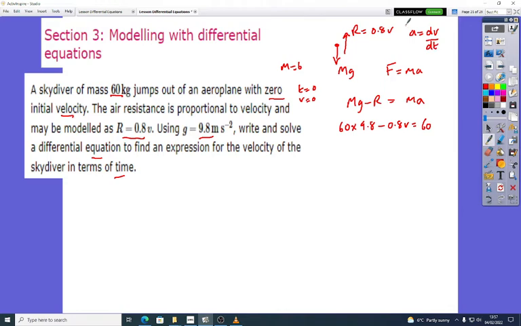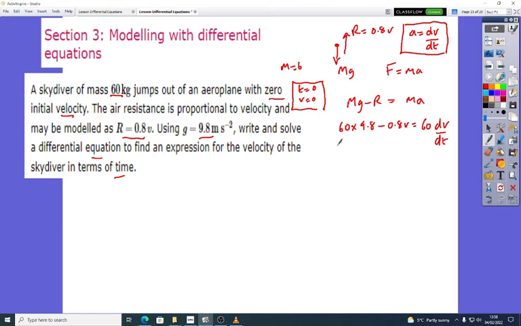I know you know that because I've told you several times, so if you've forgotten, please remember that. So I'm going to replace the a with dv dt. And don't forget, I've still got this initial condition to put in.